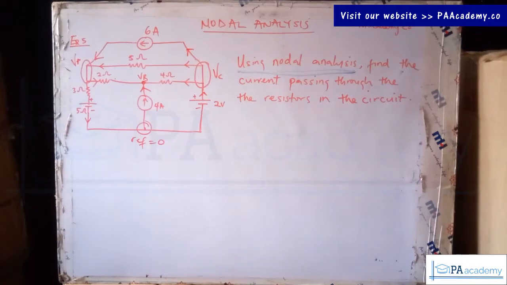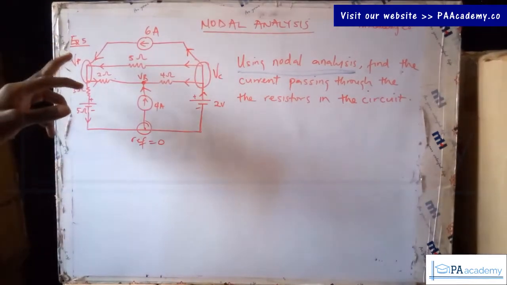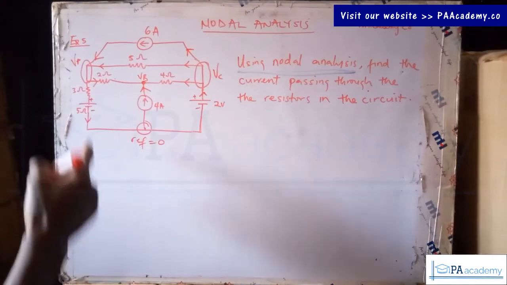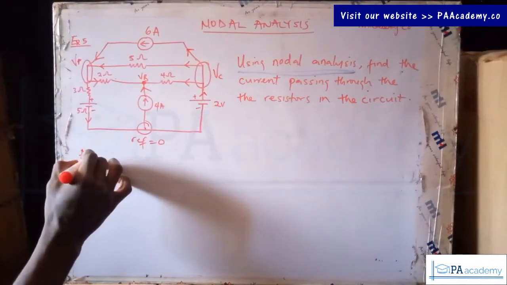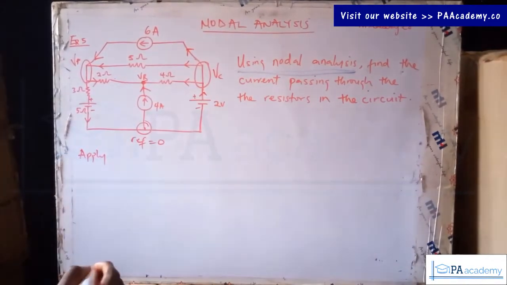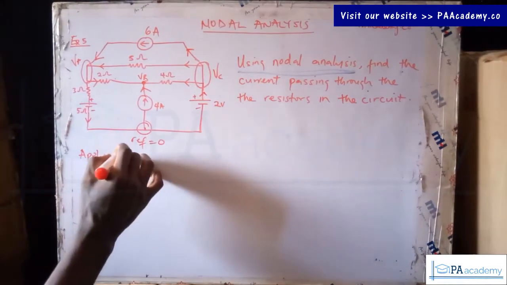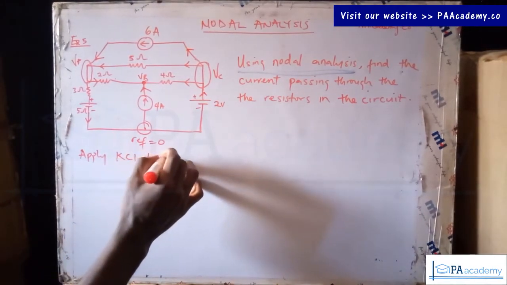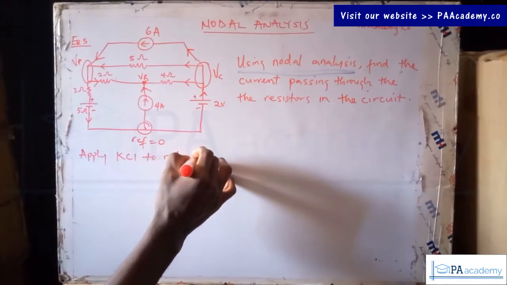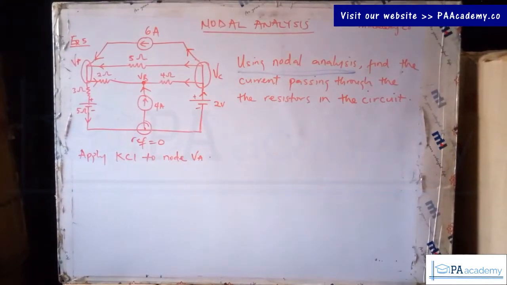Now let's apply Kirchhoff current law to those 3 nodes, to this node, this, and this. So let's start with VA. We're going to apply Kirchhoff current law to node VA. So in doing that, let's take a look at VA.